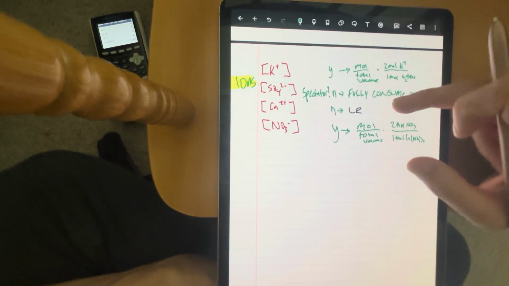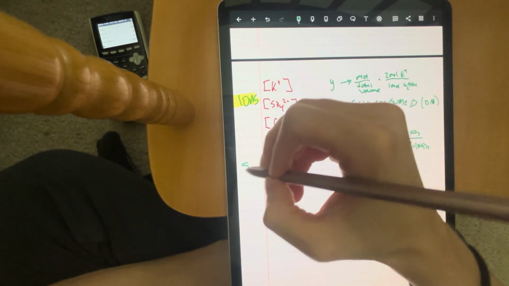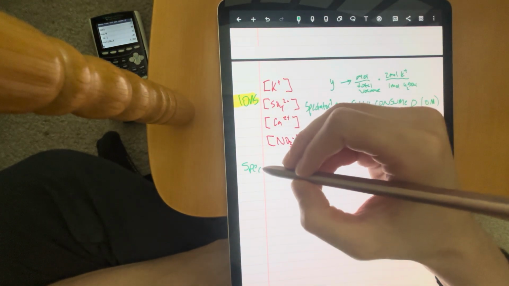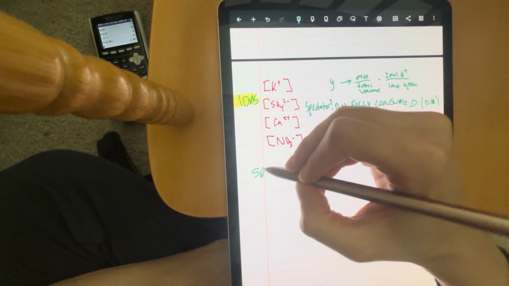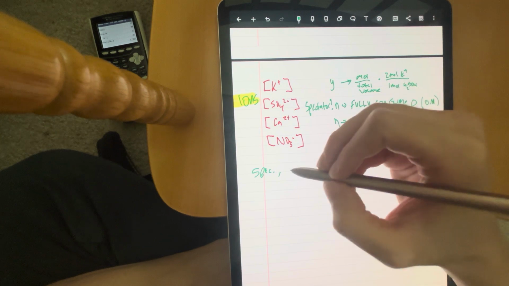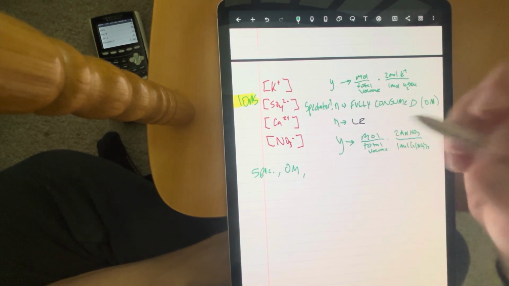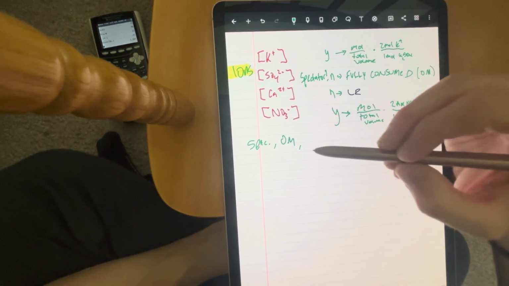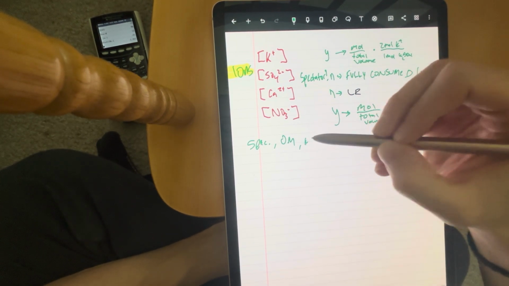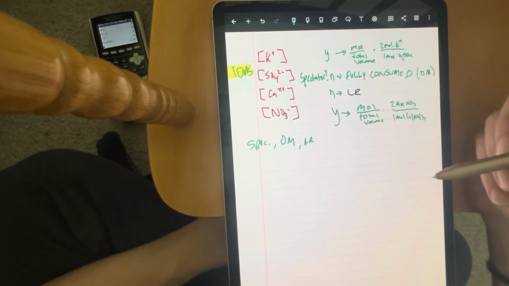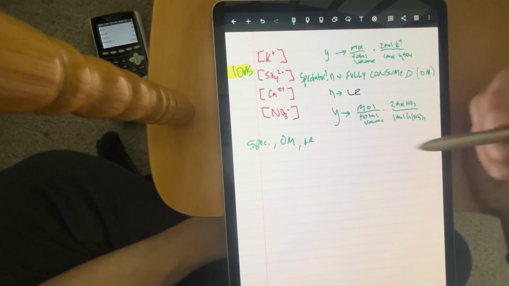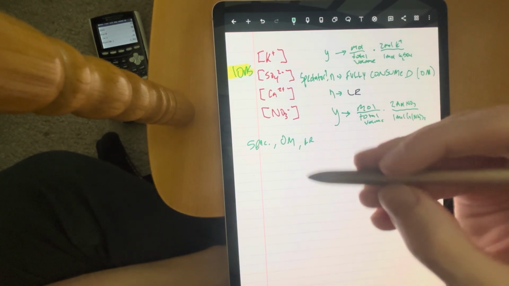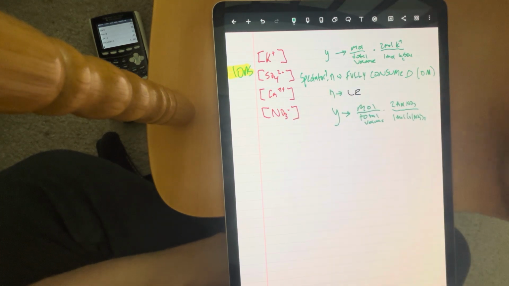You're going to have spectators. You're also going to have a zero, because these are fully consumed. And then the last one involves the limiting reagent, and you're going to see how much is left of it. Let's go through all these and classify them, and I'll walk you through how to do that.